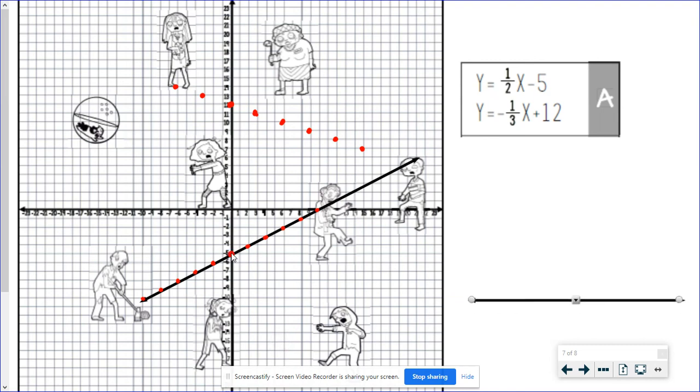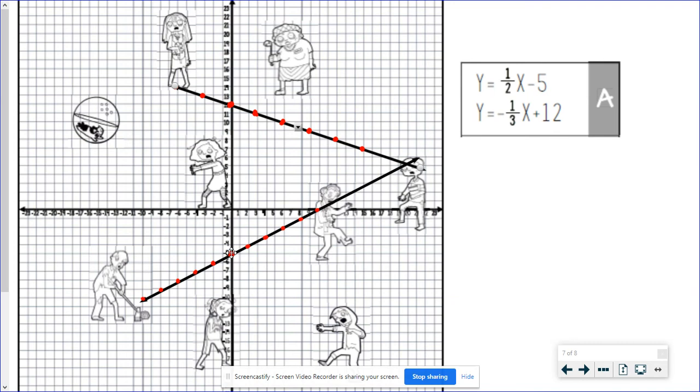But when I start my line over here and extend it through those points, the zombie that I have both of those lines intersecting, where they cross, is that zombie. I don't know what you want to call that zombie. But in Schoology, there'll be a picture of that zombie, and you have to match it up to say that the problems from A hit that zombie. So that's what caught it.